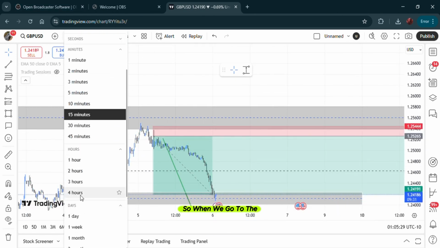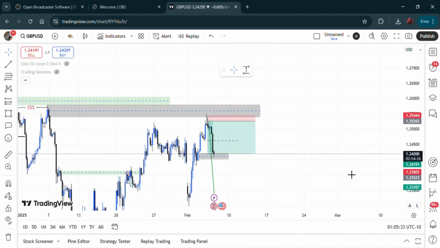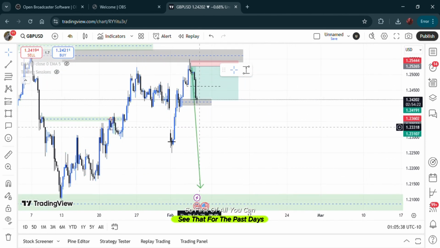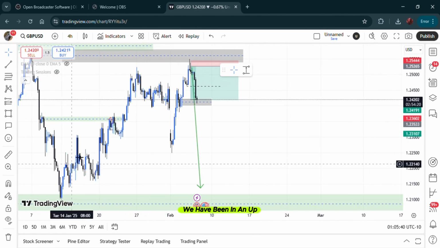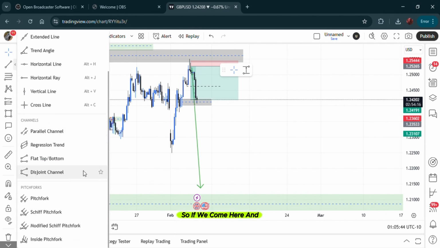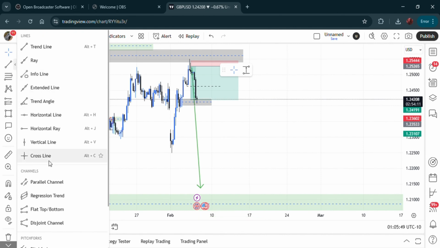So when you go to the 4 hours, you see this is the trade. So first of all, you can see that for the past days we have been in an uptrend on the 4 hours.